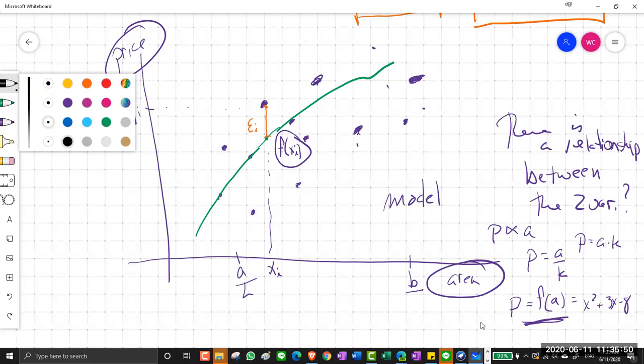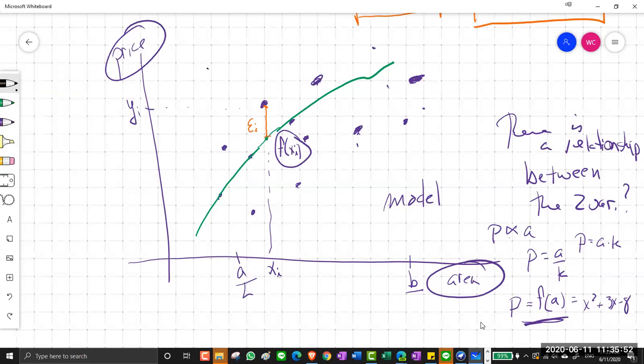So we can say that yi, the true height of this dot, is equal to what? f of xi. Now that's not correct. yi is not equal to f of xi, right?